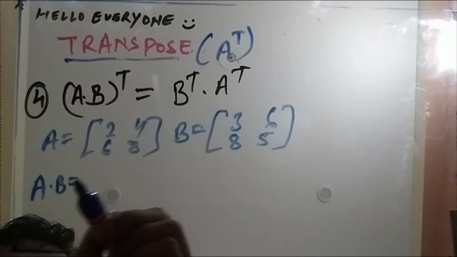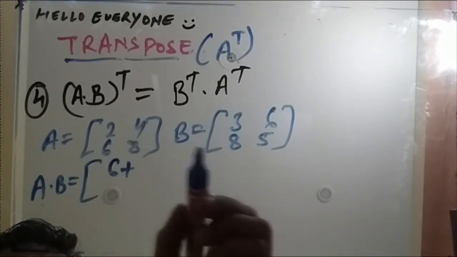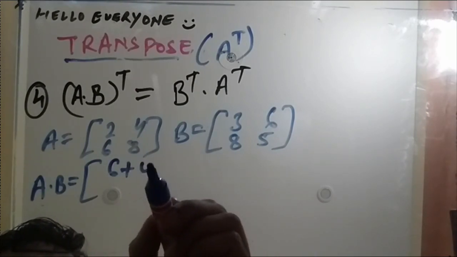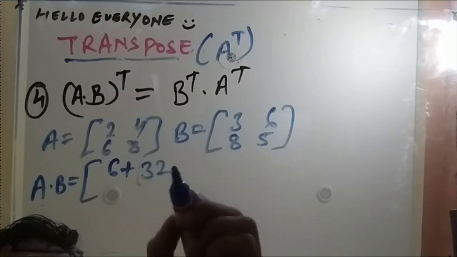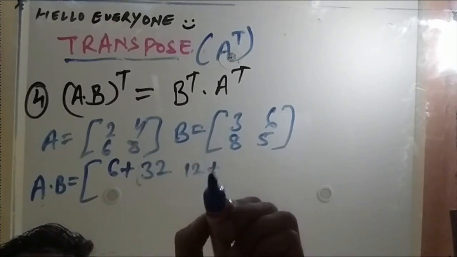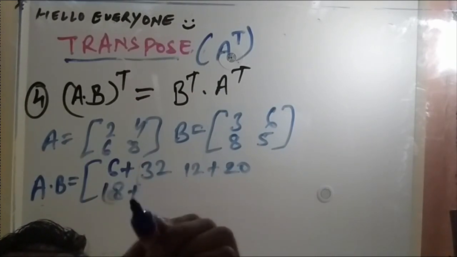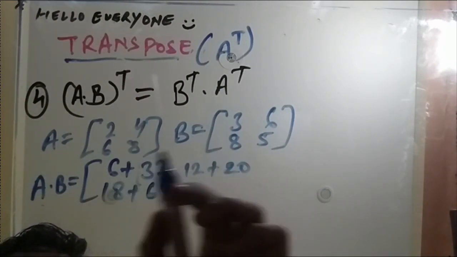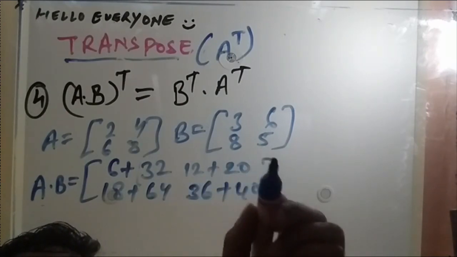A and B will give 2 3s are 6 plus 4 8s are 32. 2 6s are 12 plus 4 5s are 20. Next 18 plus 64. Next 36 plus 40.